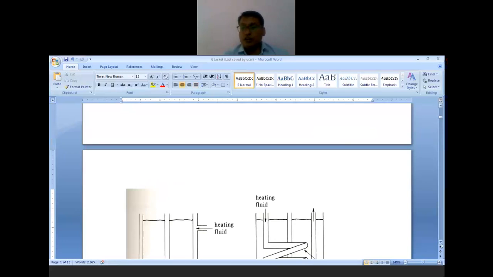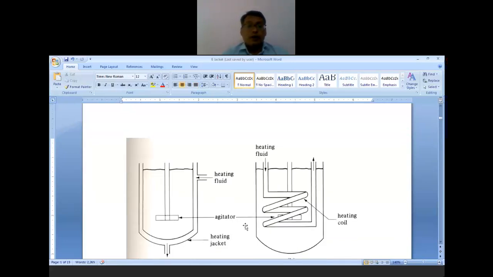Now coming to this figure, basically the inner is a vessel and the outer one is a jacket. In between this inner vessel and the outer jacket there is an annular space, an annulus, that is provided, and your heating fluid will flow in between these annular spaces.